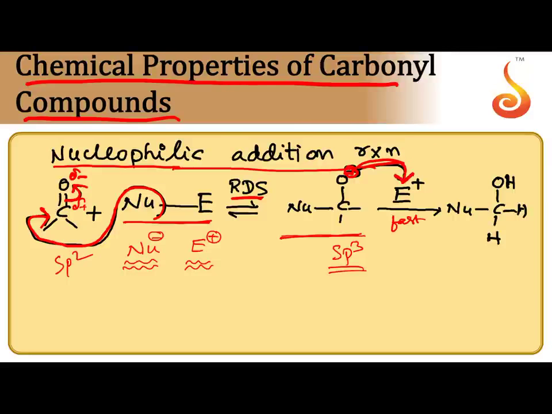This is the fast step, and we can get the product. Since E plus is what we have taken, this is the addition product, not alcohol. If the electrophile is H plus, we can get alcohol. So this is the overall nucleophilic addition reaction.